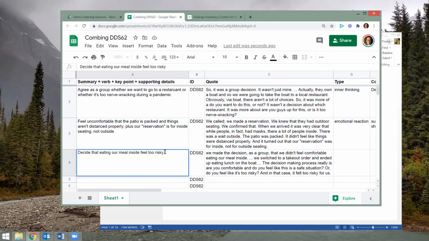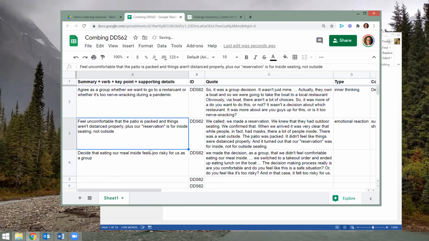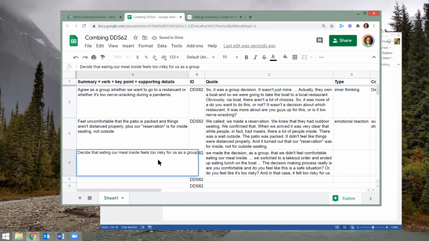She says too risky for us as a group. There, I put it as a group in the end. Decide that eating our meal inside feels too risky for us as a group. And then I can add some more supporting details if I want to, because the boat's kind of an interesting part of this.